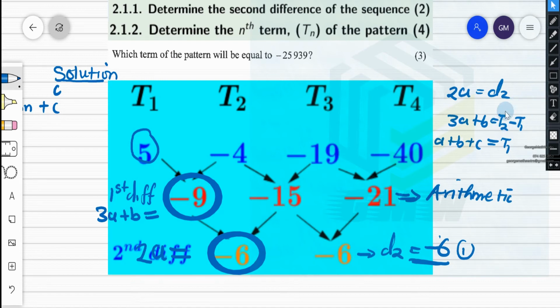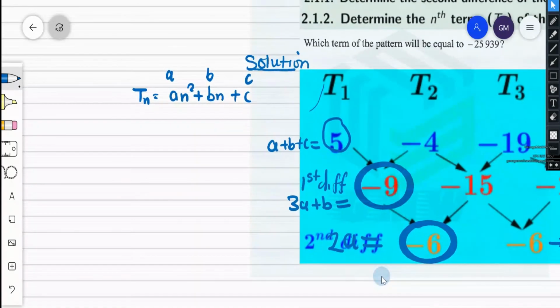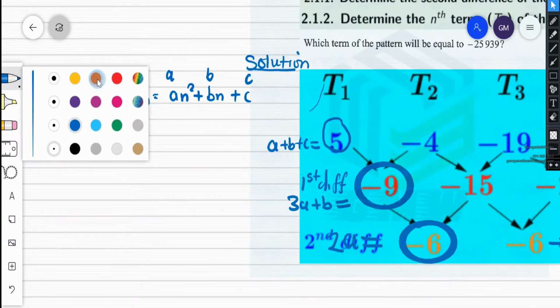I am following this formula, but I am now using this sketch which I did here to show that. I also have this one which says a plus b plus c is equal to T1. It means that my a plus b plus c will be equal to 5. Now if I have these here, remember what we are trying to find is the value of a, the value of b, and the value of c.